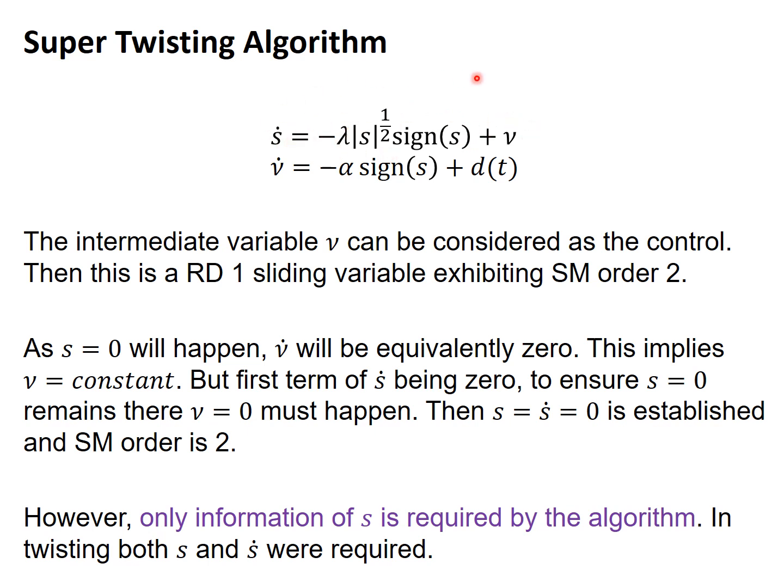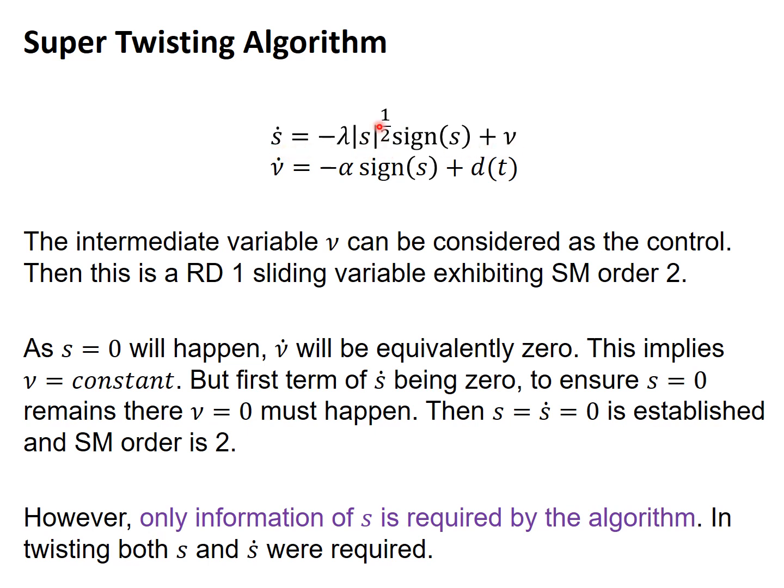Now, if S dot is a constant apart from 0, then S will again change, S will not remain at 0, because S dot, if it is a constant which is not 0, will bring a change in S. S is now 0 and it will change to something else only if S dot is not equal to 0.